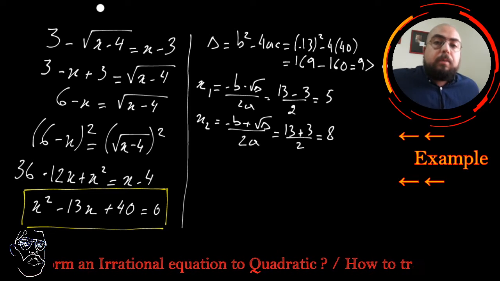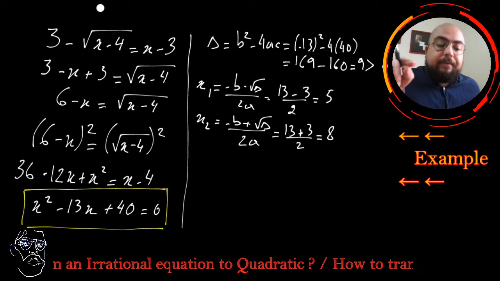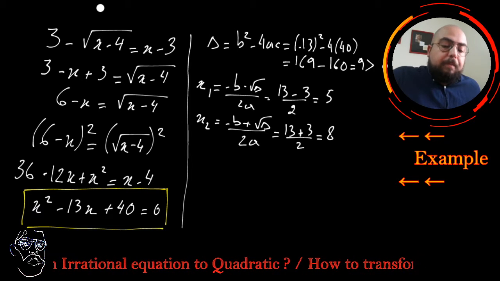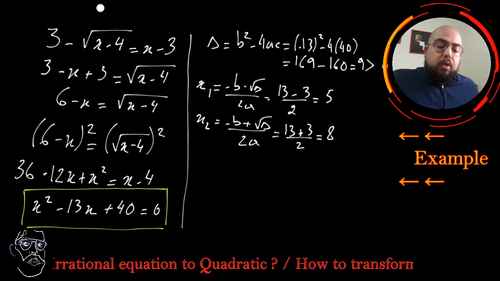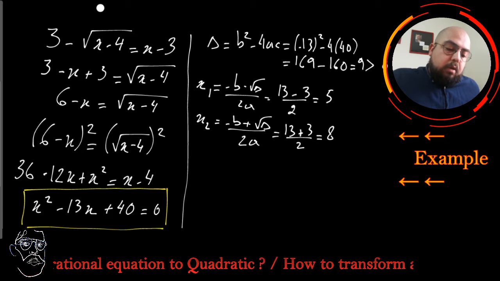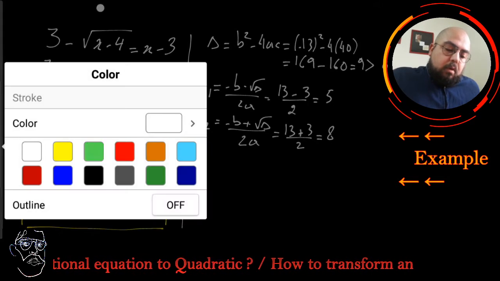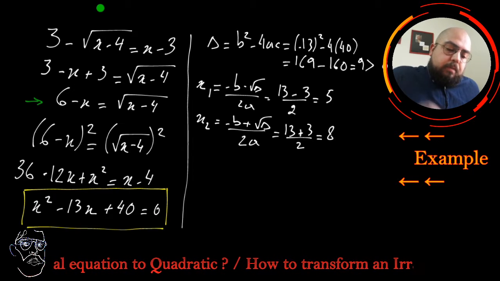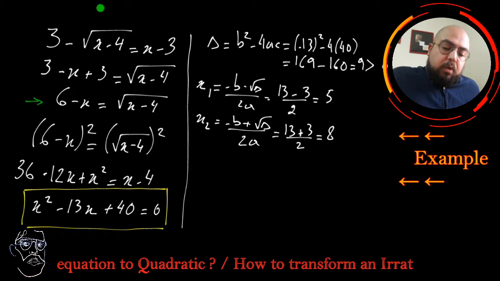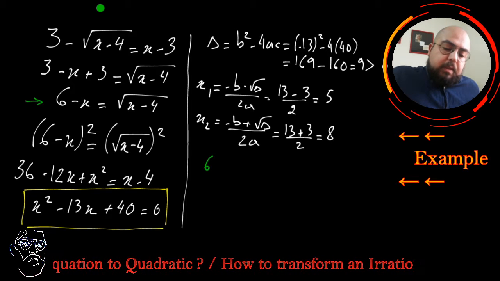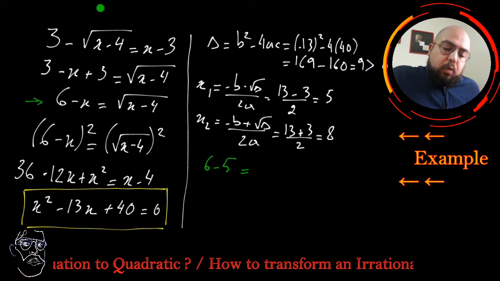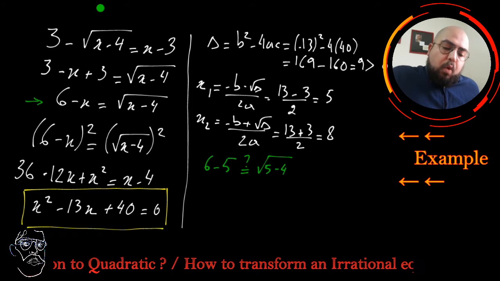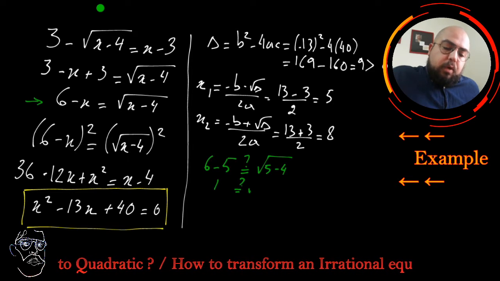Now what I should be doing is to verify if these roots are going to actually verify my initial equation. So I should check. Let's say we have this equation, it's the same thing as the first one. So is 6 minus 5 equal to the square root of 5 minus 4? 1, is it equal to the square root of 1?